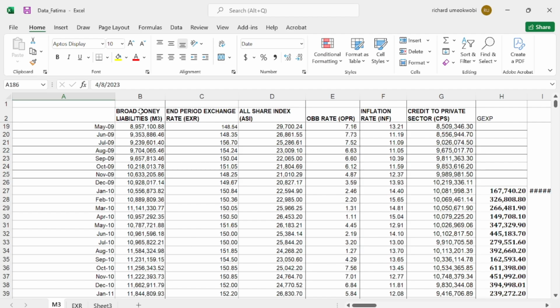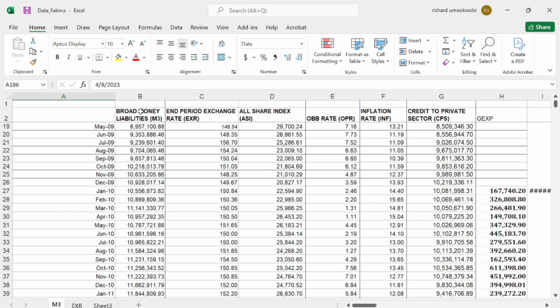So most times the OPR actually shows the amount of liquidity in the commercial banks. So most times when the central bank changes their rates in order to control the amount of money circulating through the DMBs, the OBB mirrors it.